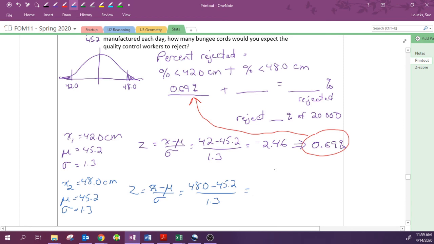This is 2.15. I go to my table, I get 98.42%. Okay, wait a minute, that doesn't make sense.